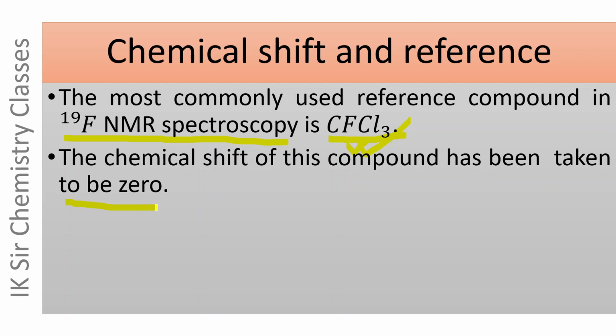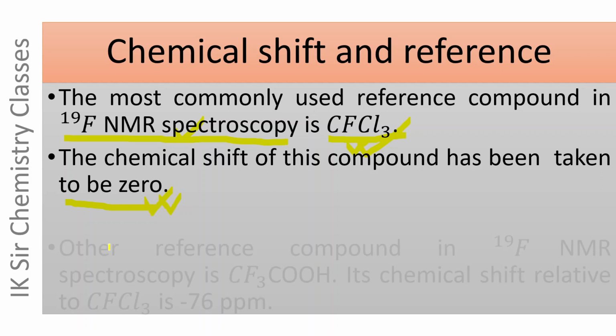Please note that during scanning proton magnetic resonance spectra, tetramethylsilane is used as reference whose chemical shift is also regarded equal to 0. But in F-19 NMR spectroscopy, CFCl3 is used as reference and its chemical shift is equal to 0.